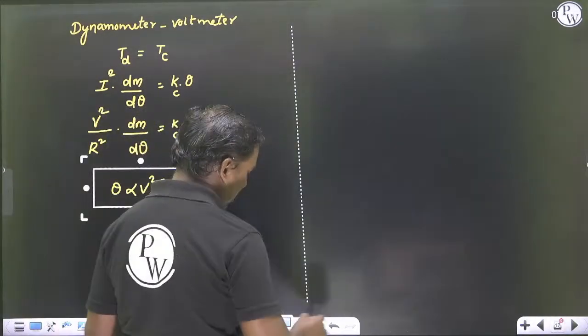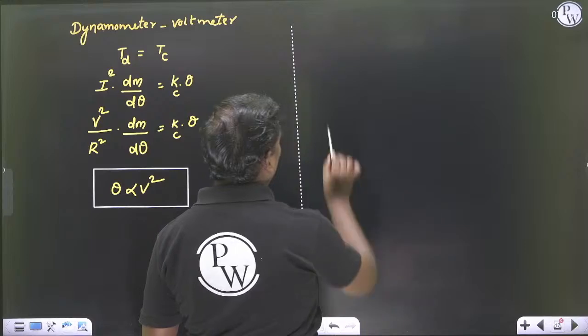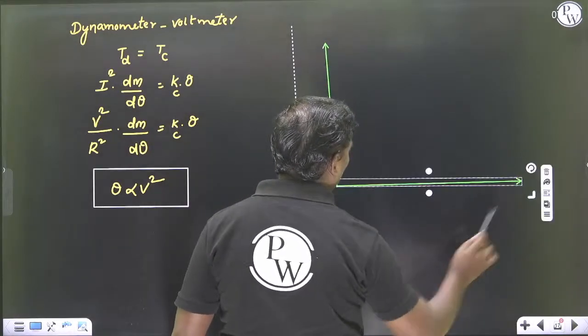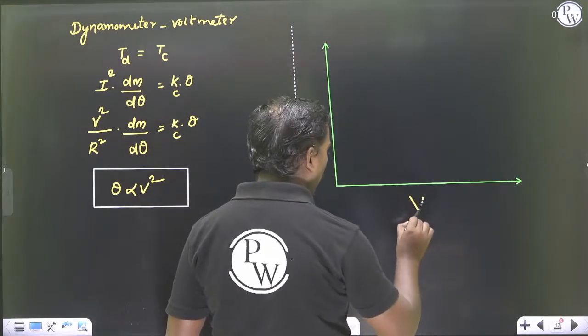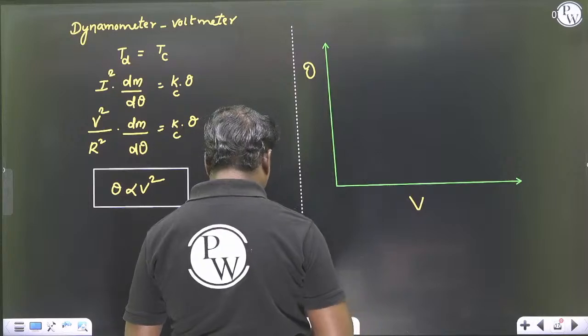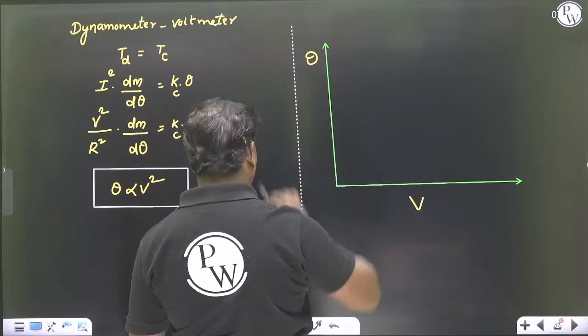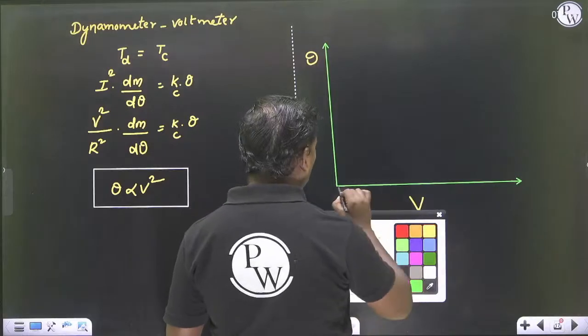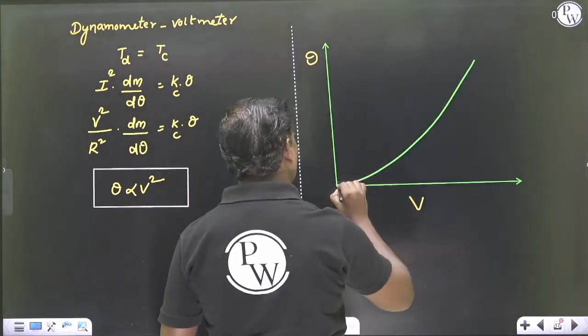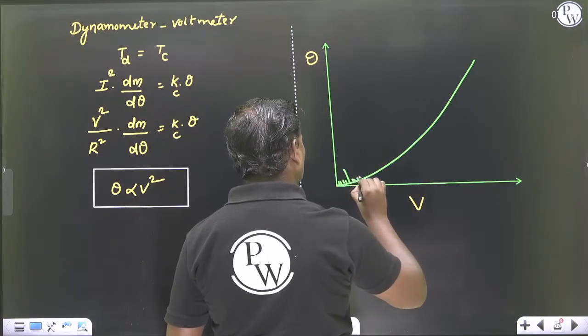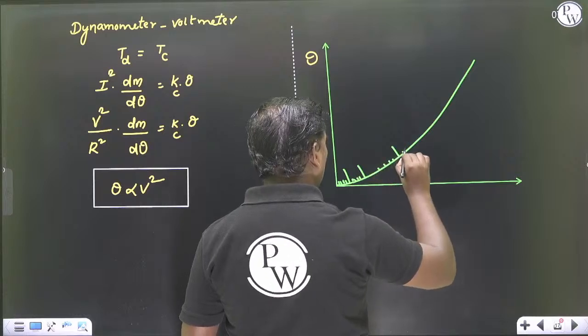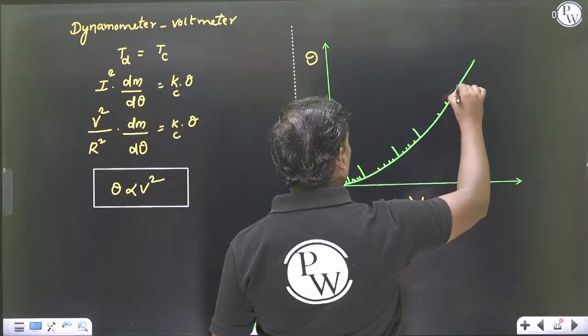That means if you draw the scale again for voltage and theta, again the graph is like this. This is cramped, this is linear, this is spacious.